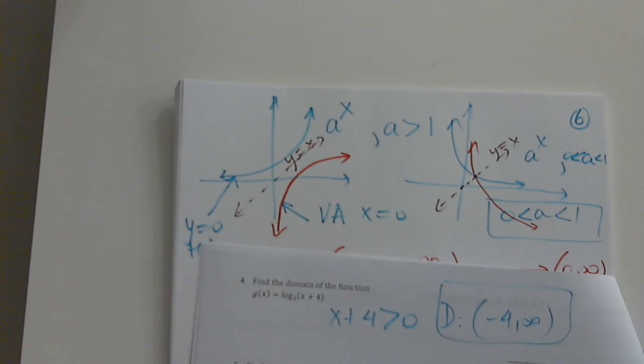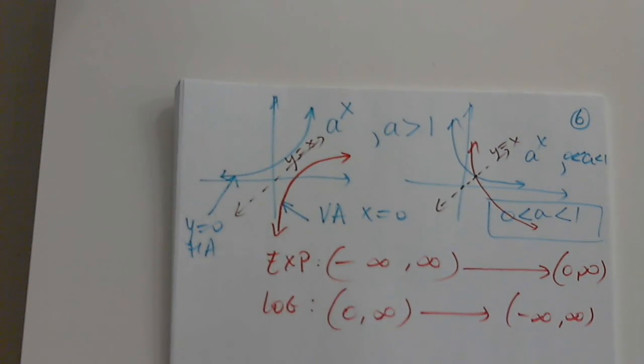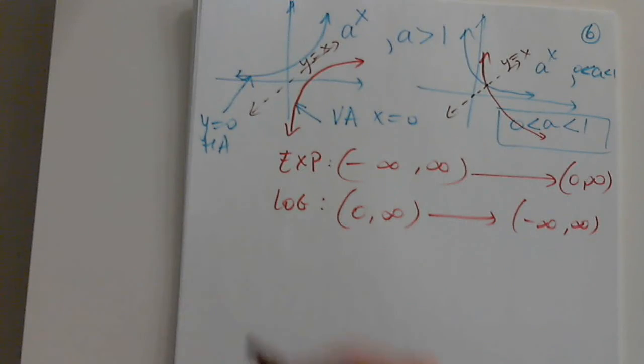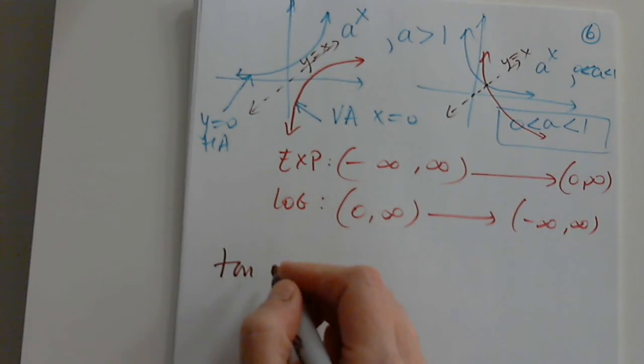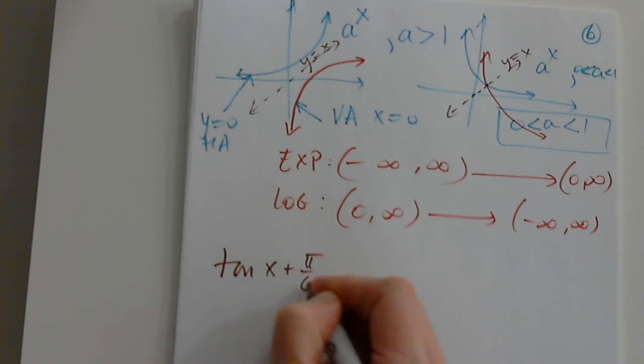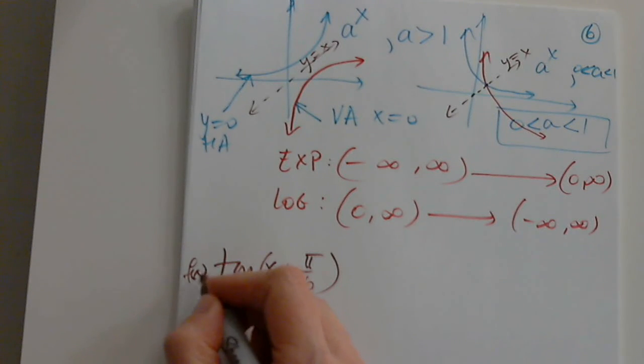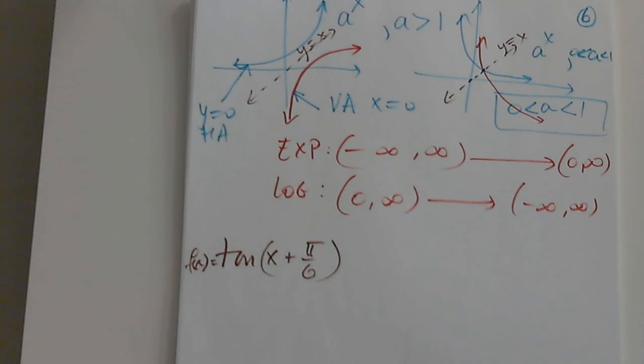Okay, find the domain of the function tangent of x plus pi over 6. Any questions on the previous one? Okay. What type of function is this? Yes, it is a trigonometric function.